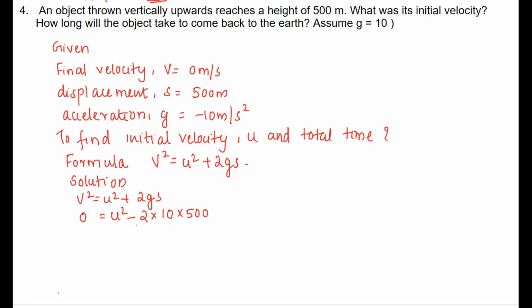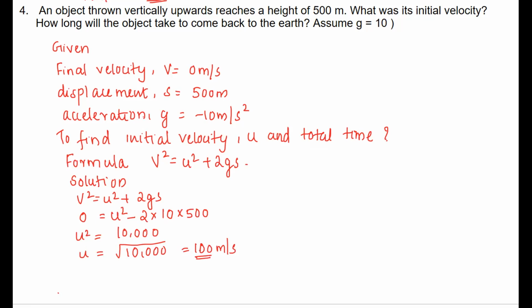We will get minus 10,000. On taking to left side, we will get U square is equal to 10,000. Therefore, U is equal to under root 10,000, that is equal to 100 meter per second. So we got the value of U.